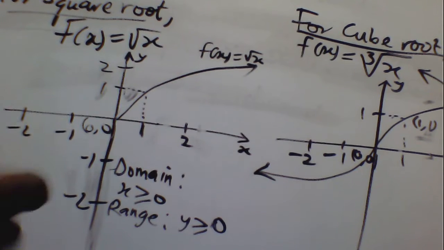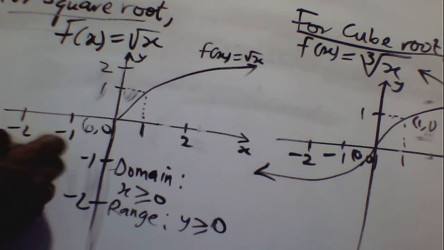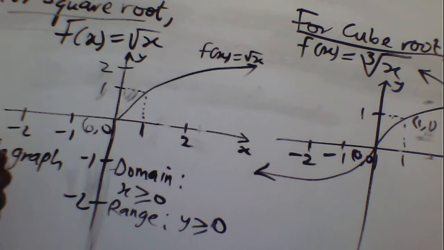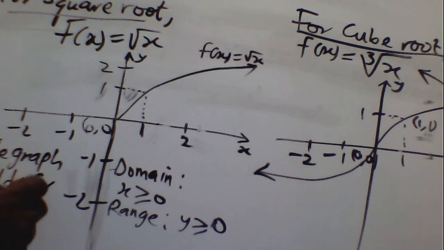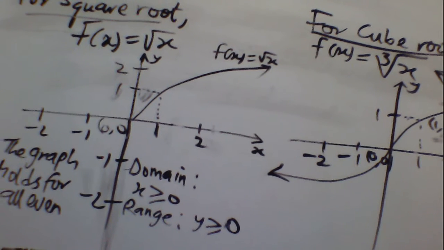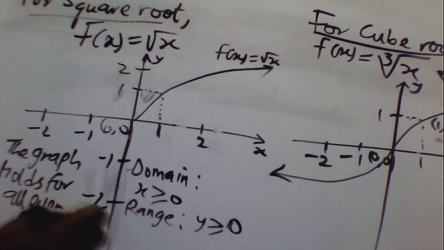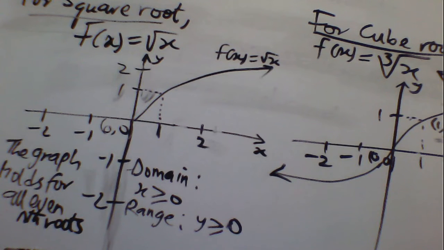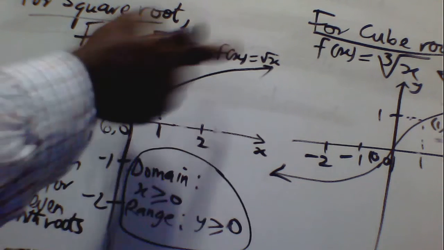So let me state it here. The graph or the condition holds for all even roots, and the condition is the same, as long as it is from the parent.